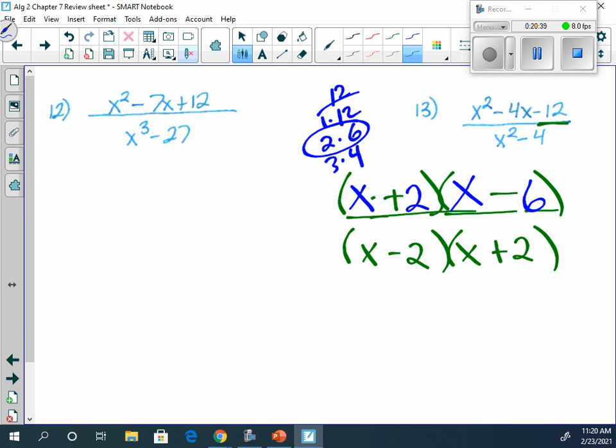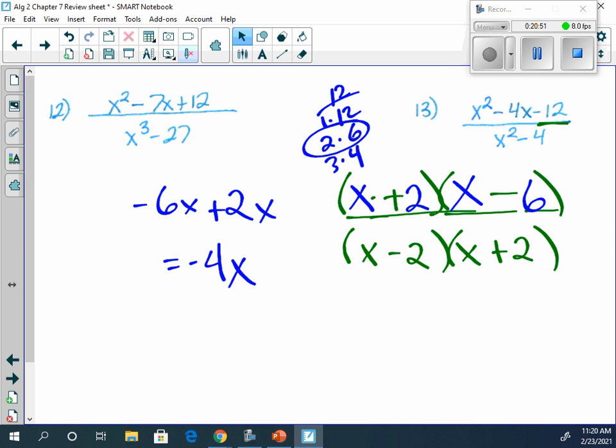Because if we check this, x times negative 6 would give us negative 6x. 2 times x would be plus 2x, which would give us negative 4x that we wanted. And if we had it the other way that I wrote it originally, x plus 6 times x minus 2, it would have given us positive 4x instead of negative 4x. It would have given us the wrong sign.